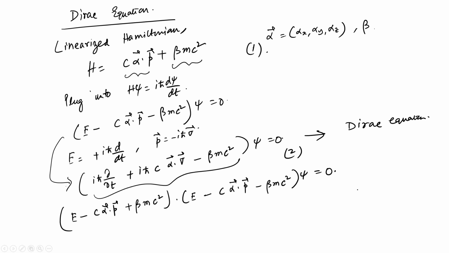This can be simplified. It will give you a big expression, but there is nothing much to worry about. You simply multiply it, and we have E square minus c square times alpha x square p x square plus alpha y square p y square plus alpha z square p z square. So, this is one term.